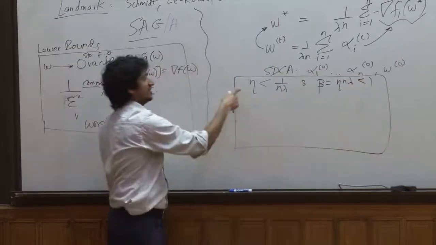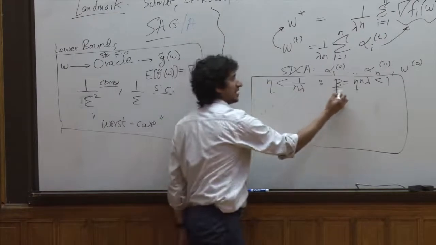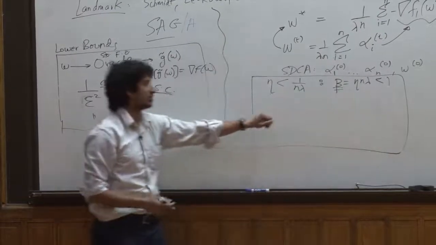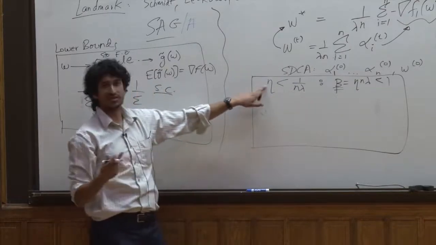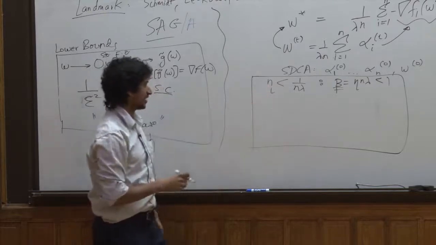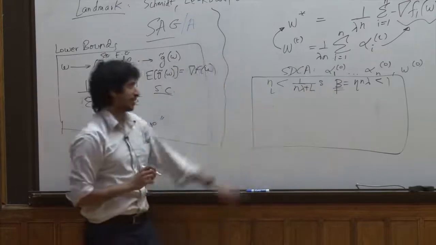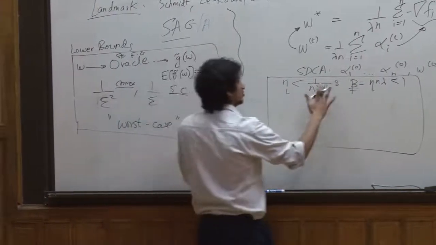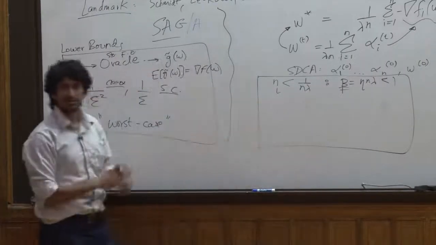Sometimes the algorithm is described in terms of beta, which is just a scalar less than 1. You know n and you know lambda, so you can choose this step size smaller than 1 by n lambda. There's no magic going on over here. Sometimes they require this to be chosen as less than 1 by n lambda plus L, where L is the Lipschitz constant. But that's fine. Again, you often know these quantities, so they're easy to set up.